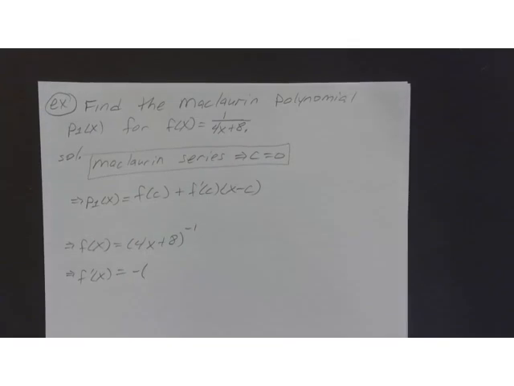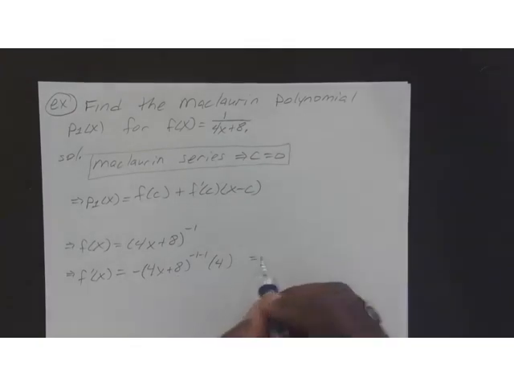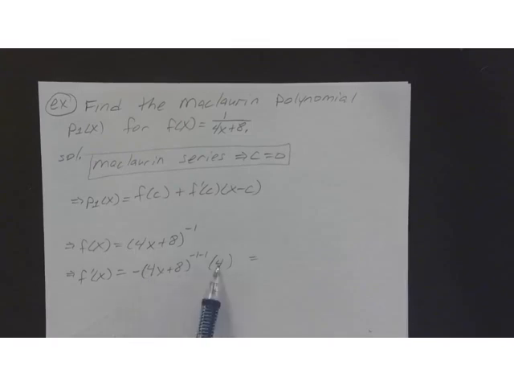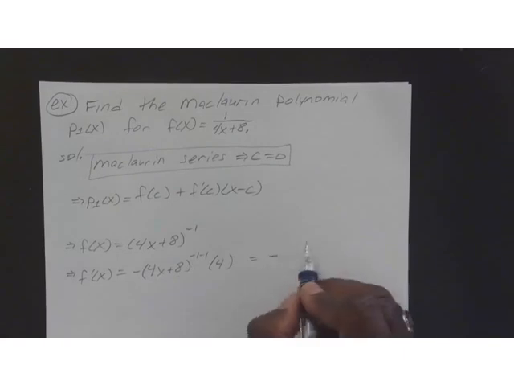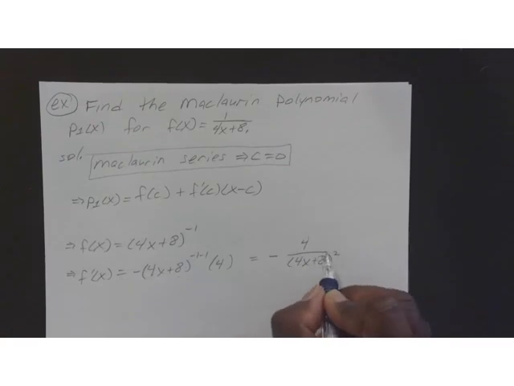Negative will work. 4x plus 8 to the power of -1 minus 1 times the derivative of what's inside, which is 4. So that gives us -4 times 4x plus 8 to the -2 power that we can rewrite as just -4 divided by 4x plus 8 squared.